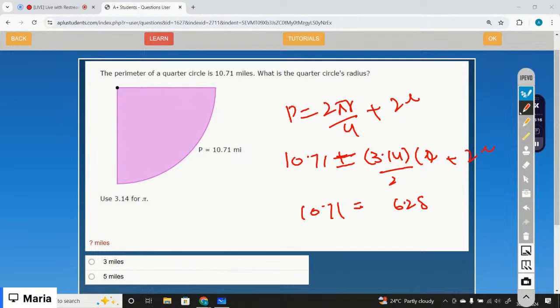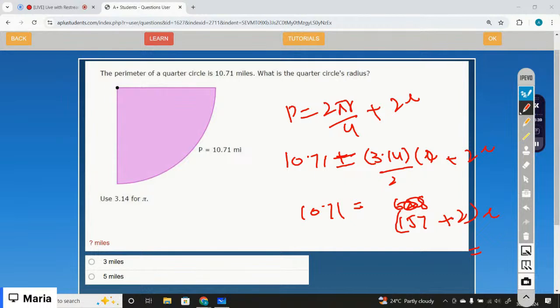No, that is r divided by 2, not multiply, so 1.57 plus 2, and you have the radius r. So that is 3.57, right? So 10.71 divided by 3.57.